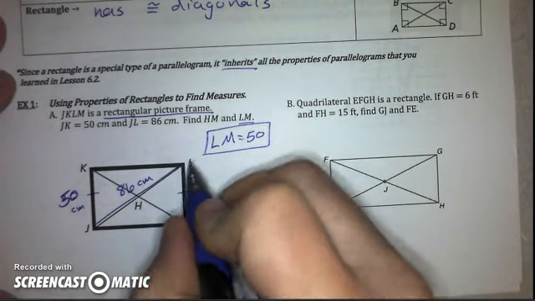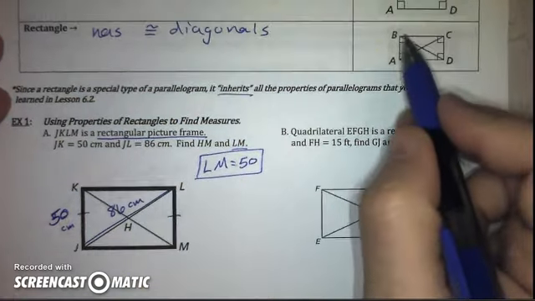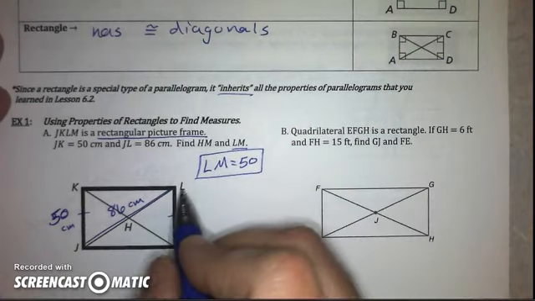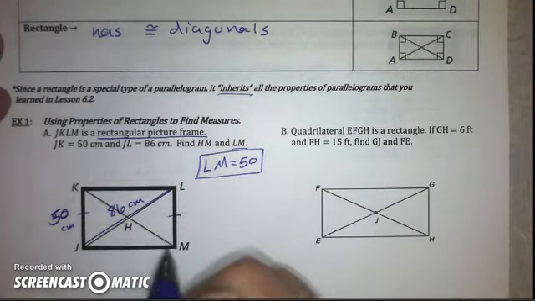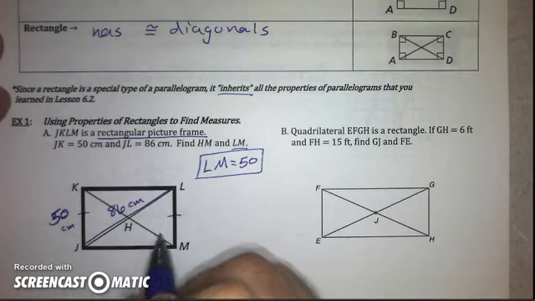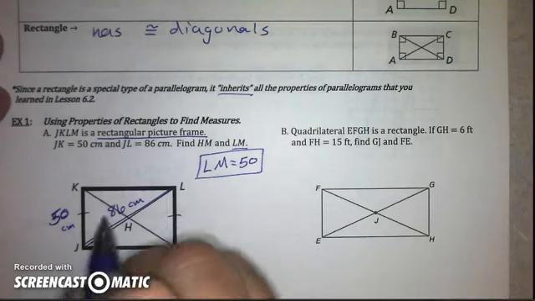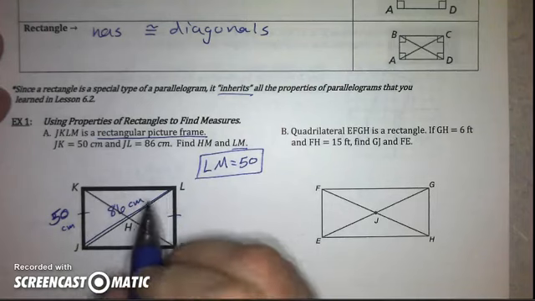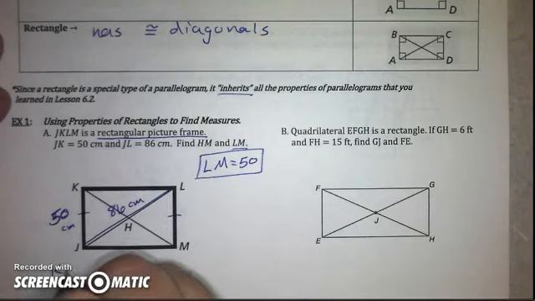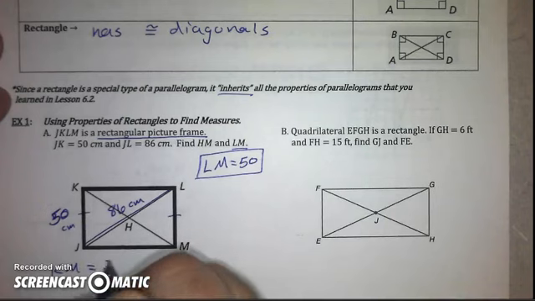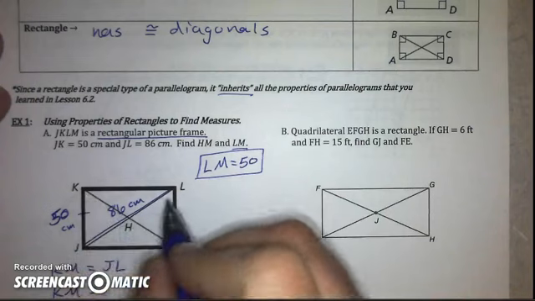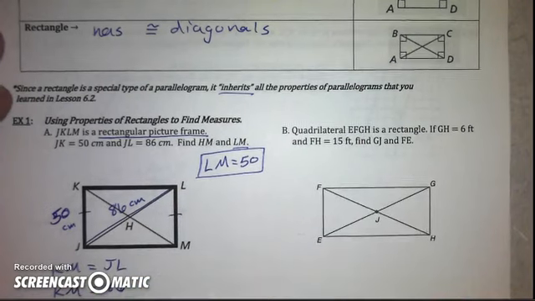Remember that in a rectangle, diagonals are congruent to each other. So HM is half of the diagonal. It's also going to be half of the other diagonal. Since diagonals bisect each other because it's a parallelogram and they're congruent, KM equals JL. So KM equals 86 because we know JL is 86.